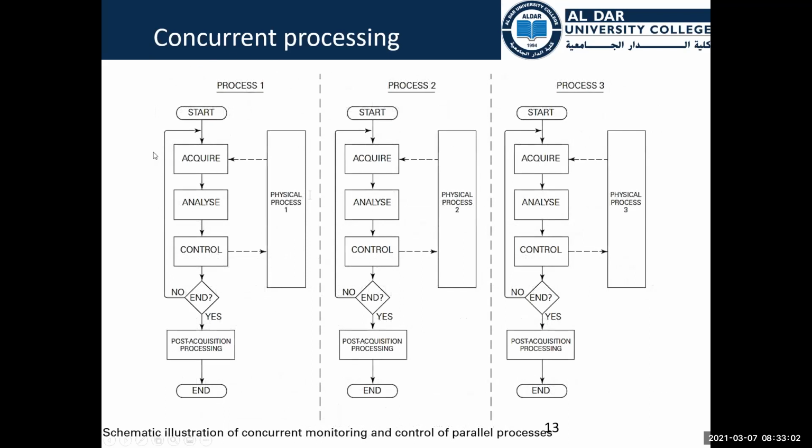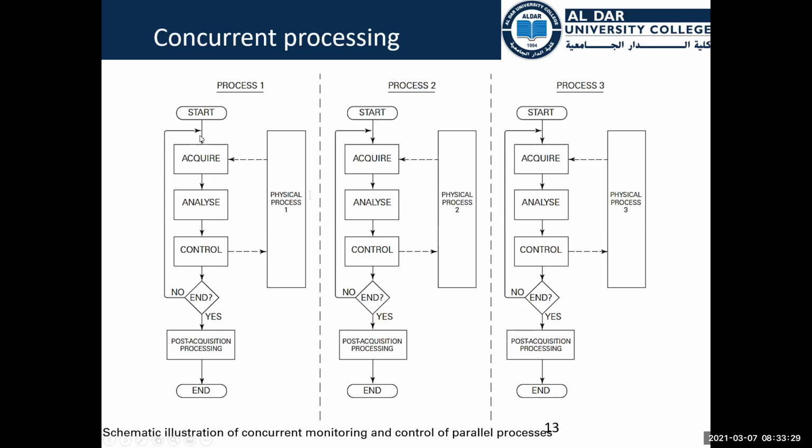We have multiple processes: first process, second process, and third process. The first process is dealing with the first physical process, the second process is dealing with another process, and the third process is dealing with another physical process. And they go through the same cycle as we have seen before.